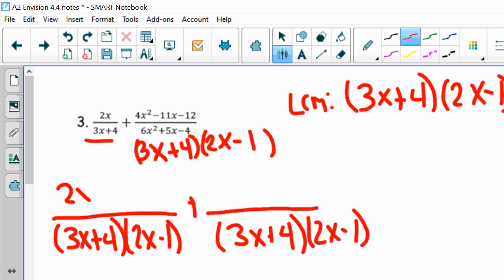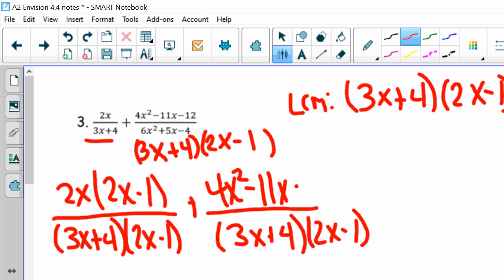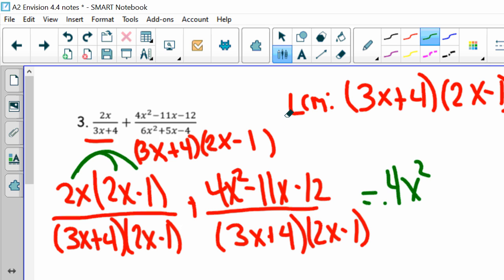So this one had a 2x on top. It was missing the 2x minus 1. This one had a 4x squared minus 11x minus 12. It wasn't missing anything. So now I want to distribute. So then I get 4x squared minus 2x plus 4x squared minus 11x minus 12.